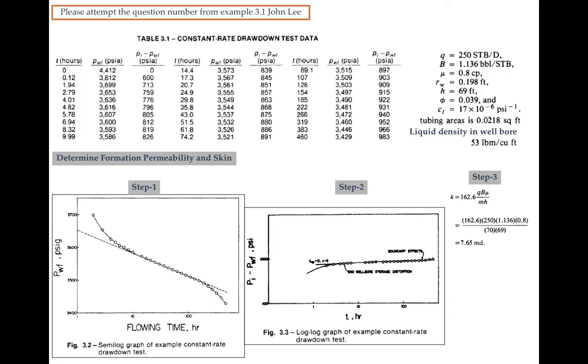So using the superimposition principle, this graph can be superimposed on the type curve, and various properties can be evaluated like well bore storage, skin, and reservoir permeability, right? So as you can see here, in this step we find out the slope of this graph, and the permeability is found to be 7.65.